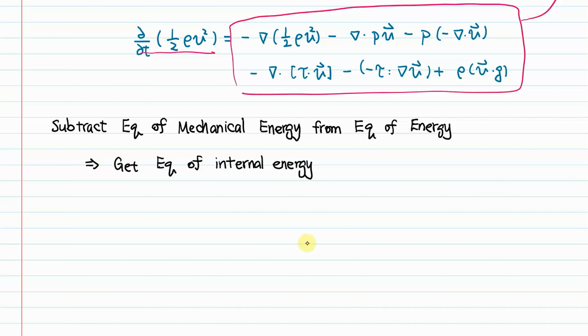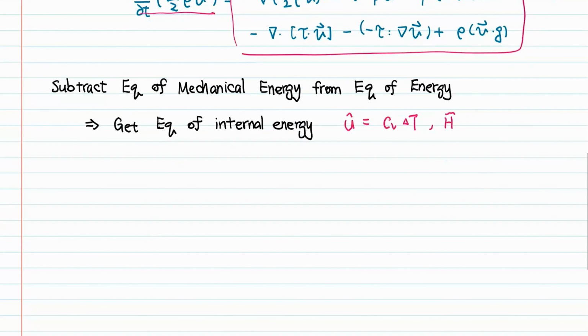Because usually we think of internal energy as equal to some constant volume heat capacity times some temperature difference. Or you think of the enthalpy term equal to the constant pressure heat capacity times temperature difference, right?